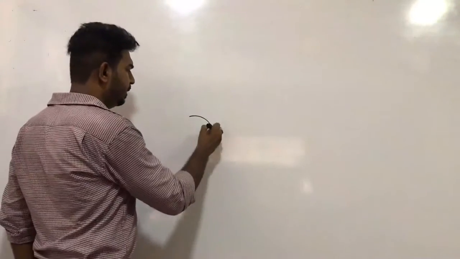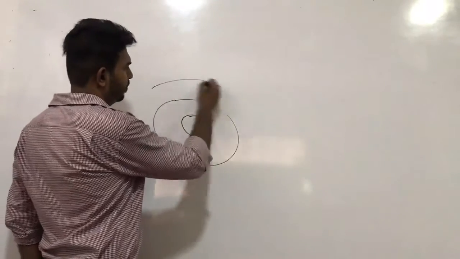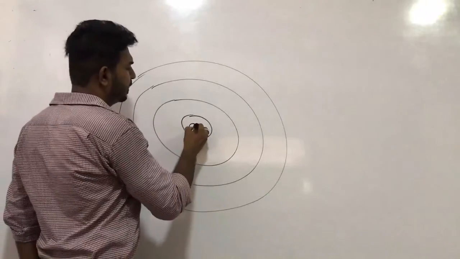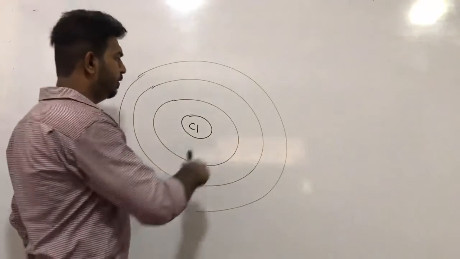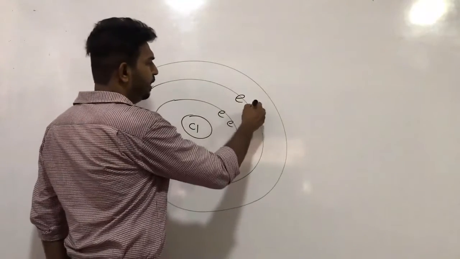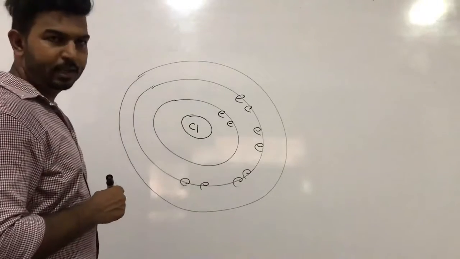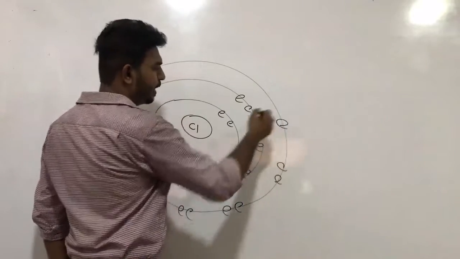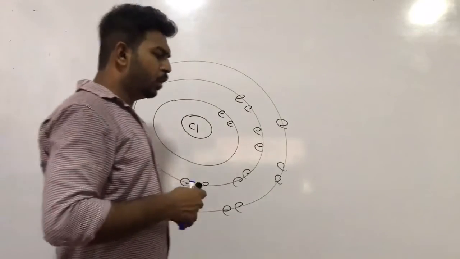If we consider a molecule like this, let's assume this is a chlorine atom. We know that there are 2 electrons in the first electron orbital, 8 electrons in the second orbital, and 7 electrons in the last orbital, or outermost shell.